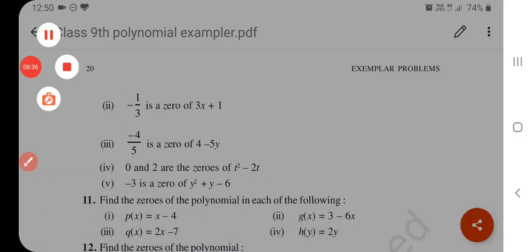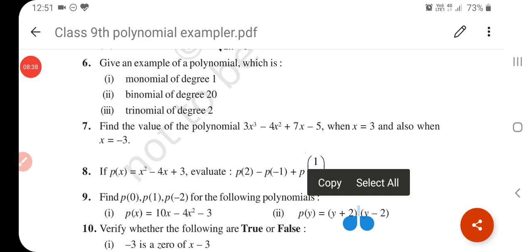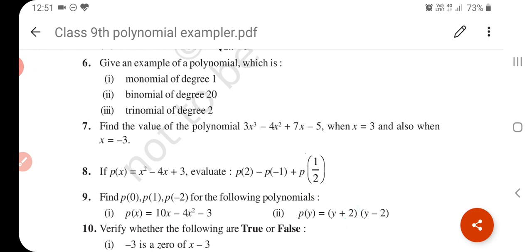Okay, understand? Now let's see this type of example. Give an example of polynomial which is monomial of degree 1. So you can write it 7x only. 2x plus 5. Okay, so this type you have to write down the polynomial of degree 1.